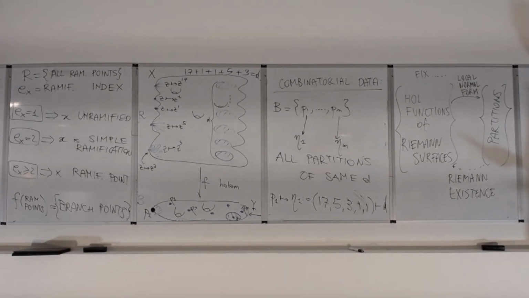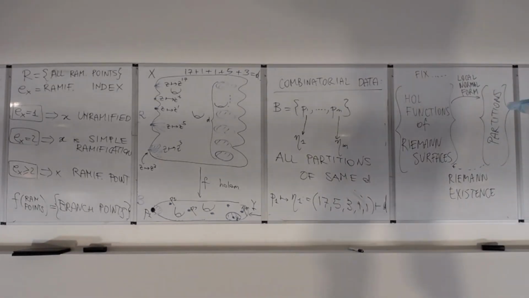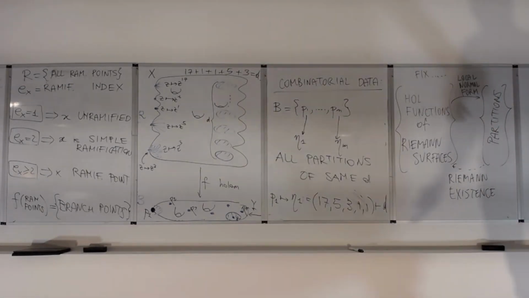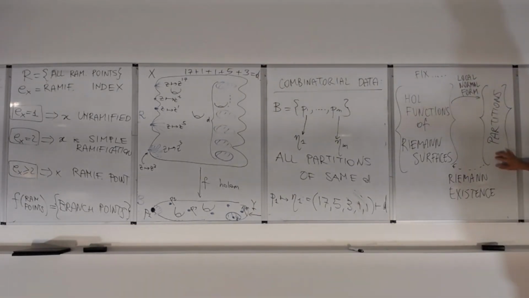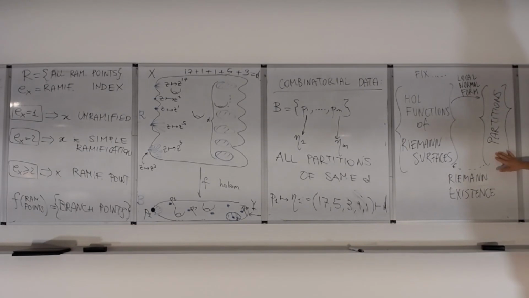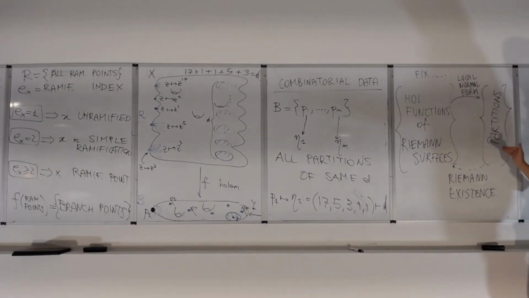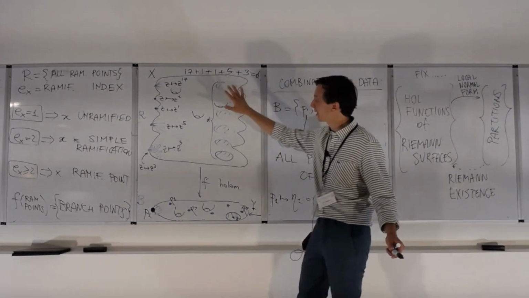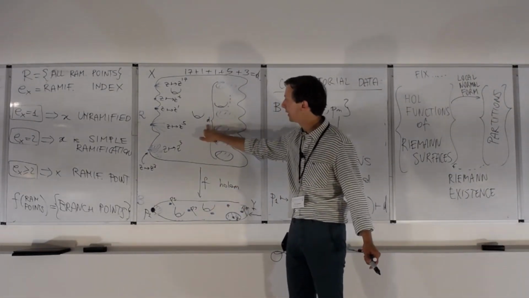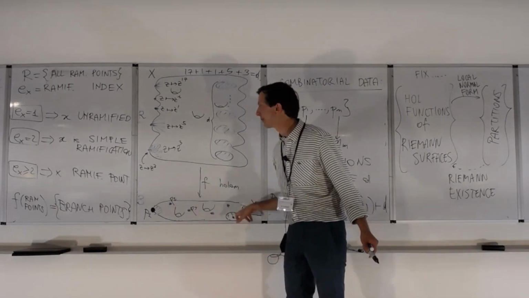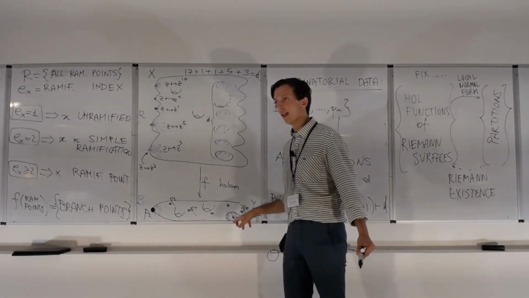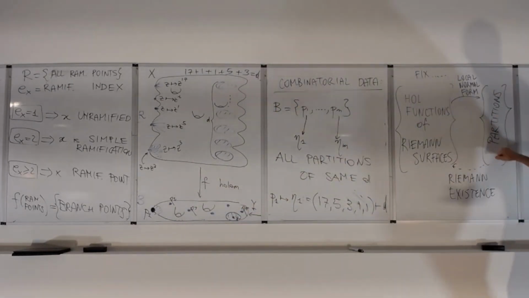Yeah. So on the right-hand side, the datum is a D and a finite amount of partitions of D. I have to specify many things to get this bijection. I have to fix the genus upstairs, the genus downstairs, the degree of the map, the points downstairs. And then here you will have partitions of the degree.